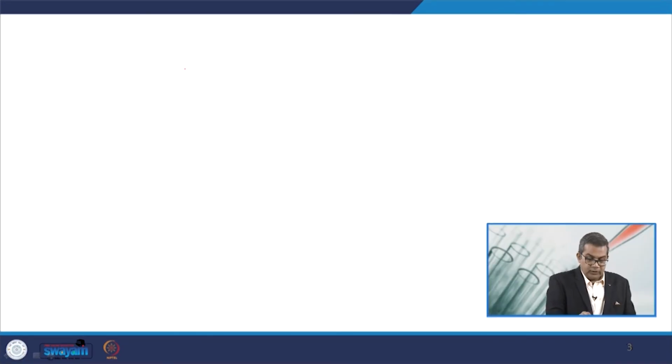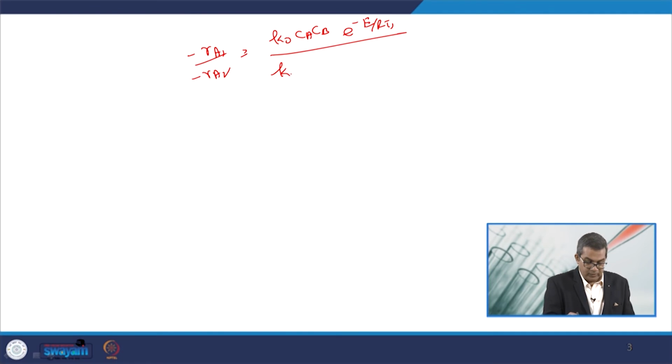So if we write minus Ra1 upon minus Ra2, that is K naught Ca Cb e to the power minus E upon RT1 upon K naught Ca Cb e to the power minus E upon RT2, which is equal to 10. This is given.